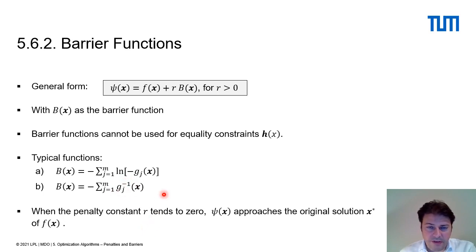Another thing to note is that whenever your r becomes smaller and smaller and eventually tends to 0, then c of x will be less and less disturbed by this barrier term away from the boundary of the feasible domain. And the solution to the problem formulated using this objective function will converge to the solution of the constraint problem.